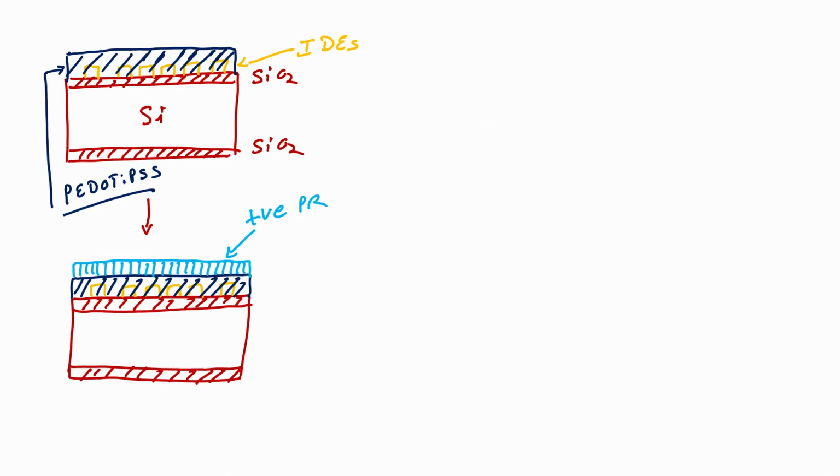After spin coating positive photoresist, we have to go for soft bake, of course. Soft bake of positive photoresist is 90 degrees for 1 minute on a hot plate, and then on this I will load a mask.